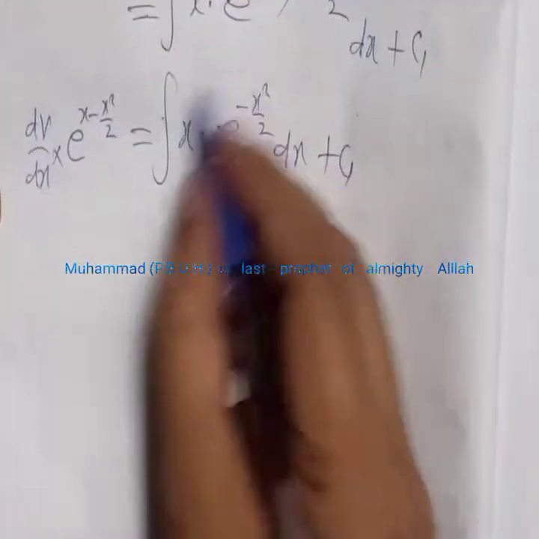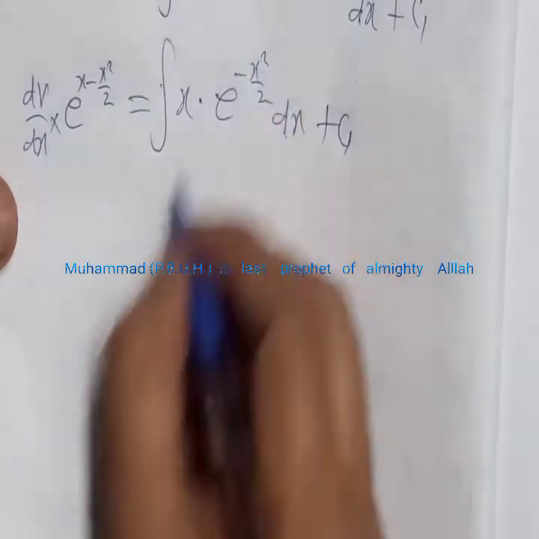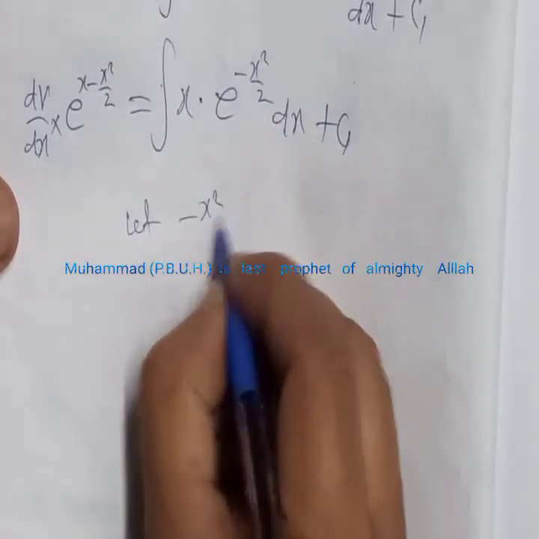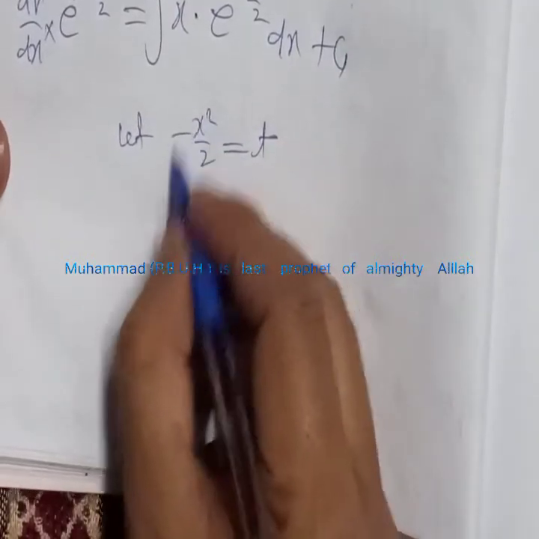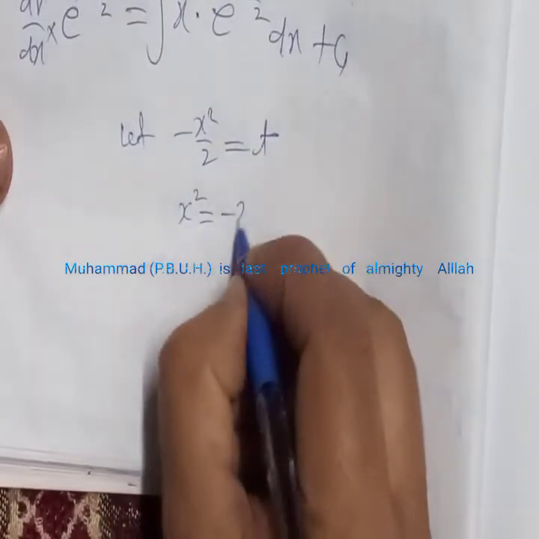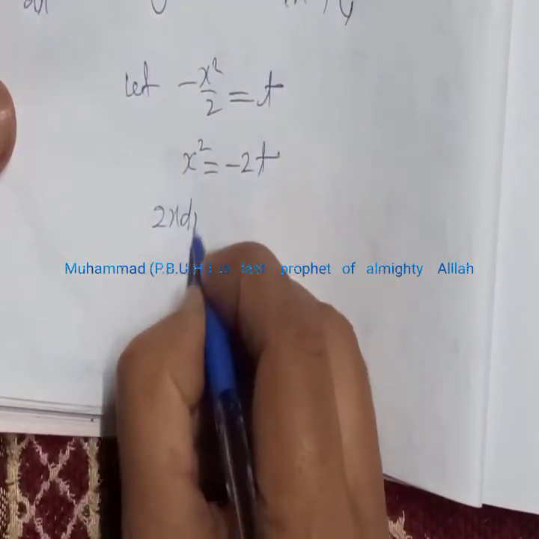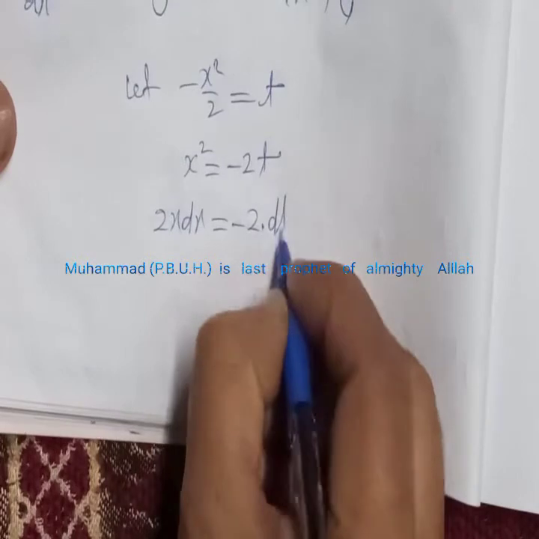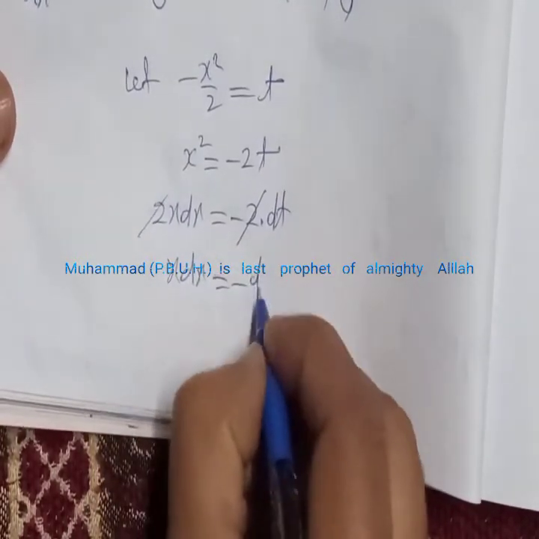We should integrate this by letting minus x square by 2 equal to t, and after transposing minus and 2 to the right hand side we get x square equal to minus 2 into t. On differentiating we get 2x dx is equal to minus 2 into dt, cancel out 2, we get x dx is equal to minus dt.